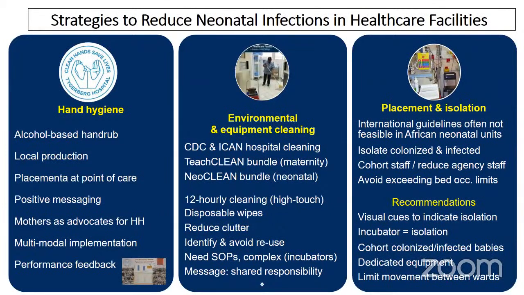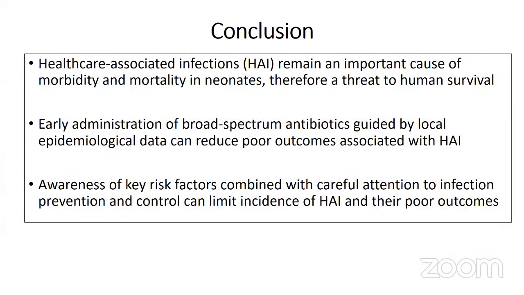most of the time contact precautions. So in conclusion, I just want to highlight that healthcare-associated infection remains an important cause of morbidity and mortality, therefore a threat to human survival. And I think prevention is the main thing in terms of us reducing the infections.